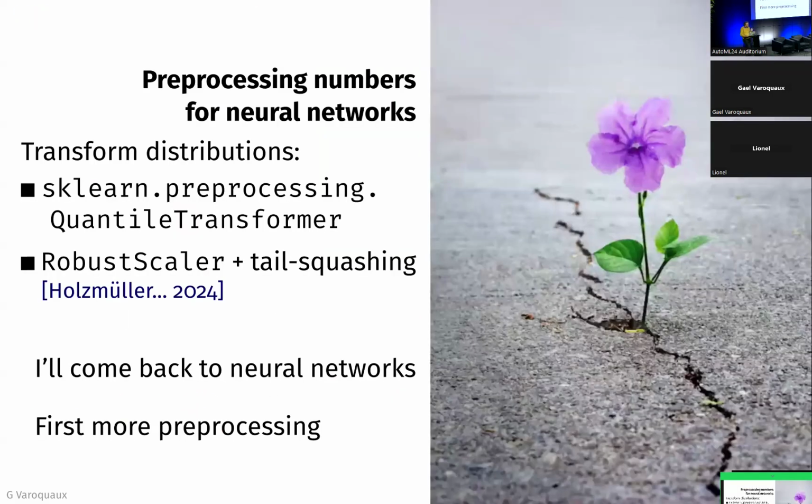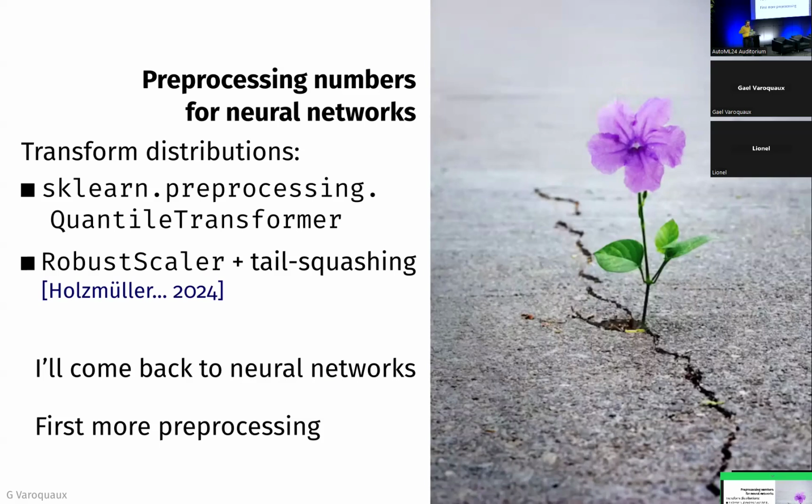All right, so you can do things to improve deep learning. In Leo Grinsztajn's work, we used the scikit-learn quantile transformer, which basically matches the quantiles to make the distribution of the different features more regular. David Holzmüller, who's sitting right here, has a very interesting paper with Leo, actually, not with me.